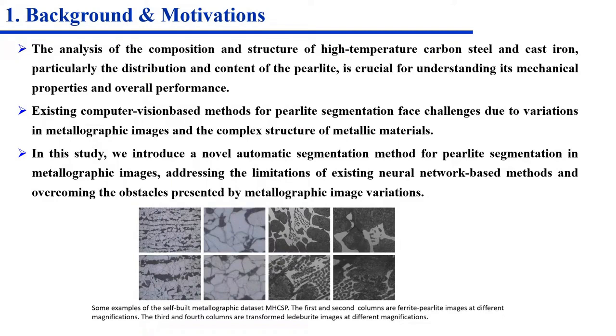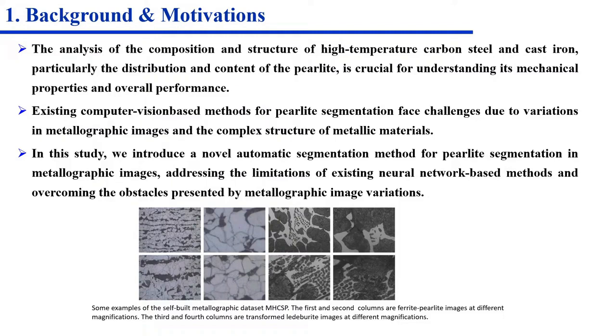Today, the world of materials science has long recognized the importance of microscopic analysis of high-temperature carbon steel, the analysis of the composition and the structure of high-temperature carbon steel and cast iron, particularly the distribution and the content of the pearlite, is crucial for understanding its mechanical properties and overall performance.